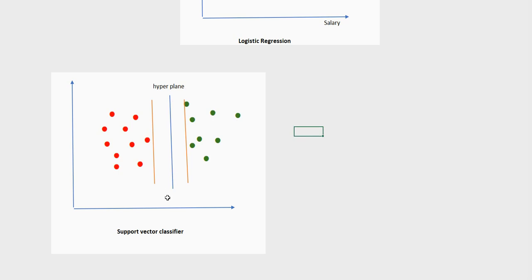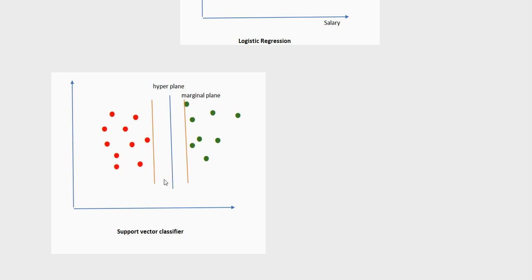With the help of that we will do the prediction, and these two lines are nothing but the marginal planes. Okay, and these are the support vectors. The orange lines are the marginal planes. Now what does the support vector classifier do?